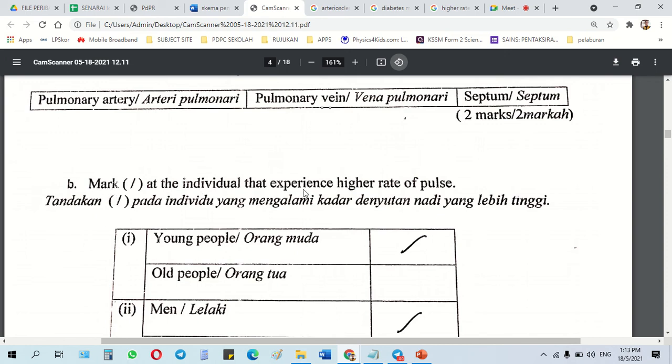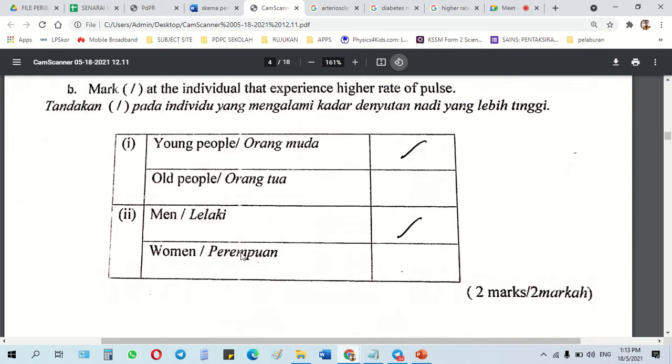Mark at the individual that experience high rate of pulse. So young people and old people. Of course young people. Sebab kita bagi tahu dia punya aktiviti pun apa semua tu lebih banyak lah. Okay. And then men and women. Okay. Actually men and women sometimes ni boleh jadi confused juga sebab kita bagi tu sebab metabolism.